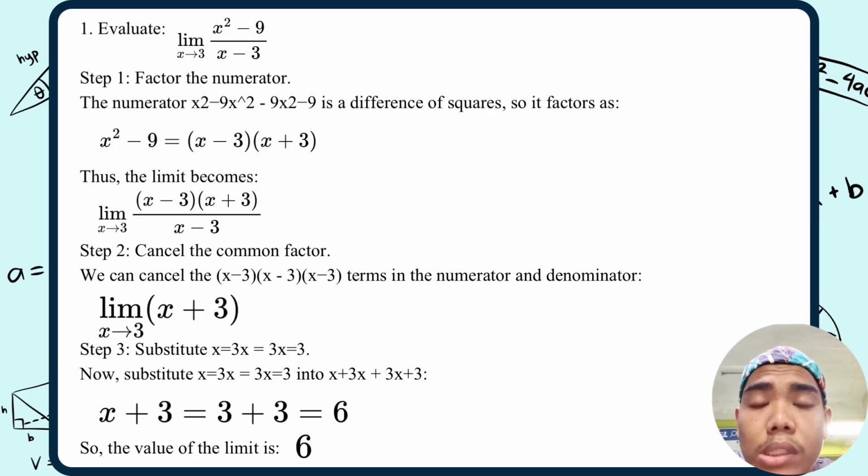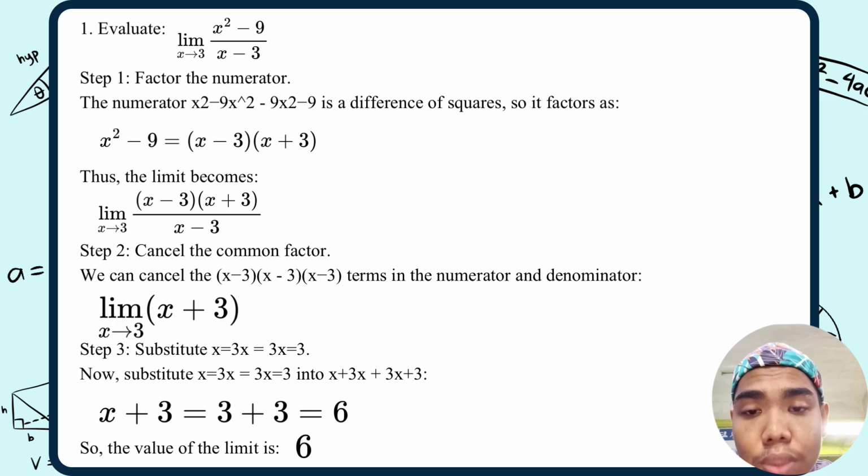Question 1. Evaluate the limit as x approaches 3 of (x squared minus 9) over (x minus 3). Step 1. Factor the numerator. x squared minus 9 equals (x minus 3)(x plus 3). Thus the limit becomes the limit as x approaches 3 of (x minus 3)(x plus 3) over (x minus 3).